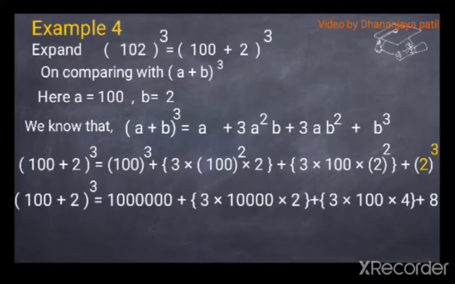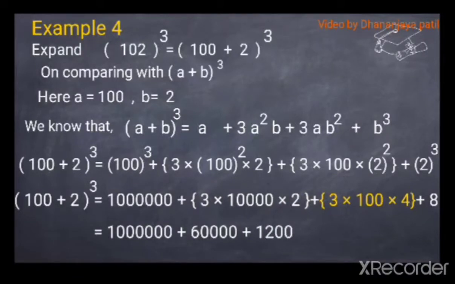Let's solve the next step. This 10 lakhs will remain as it is. In the second term, let's do this multiplication. 3 into 2 is equal to 6, and 6 into 10,000 is equal to 60,000. In this third term, 3 into 4 is equal to 12, and 12 into 100 is equal to 1,200, plus this 8.